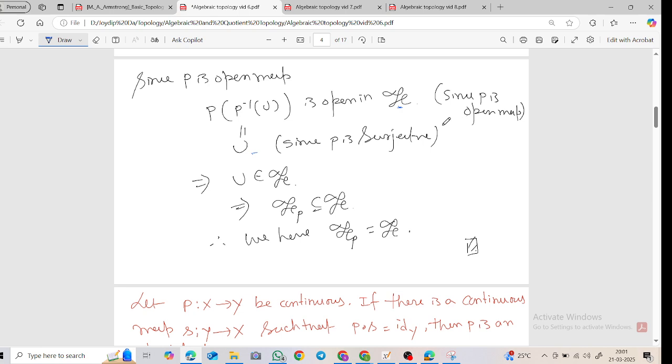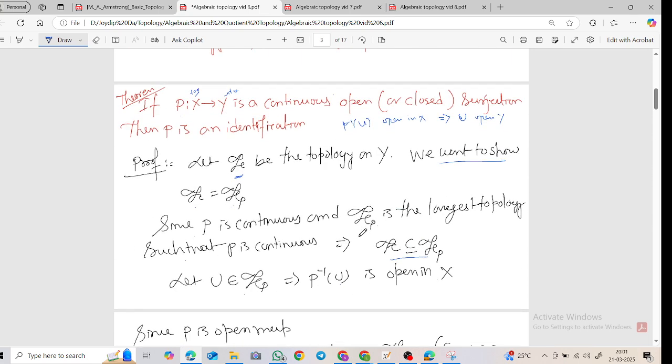Since P is an open map, and since P is surjective, this is true. So U belongs to script F, that is, they are equal. So any surjective open map, and continuous or closed, is basically an identification map. You can do the same thing with closed.